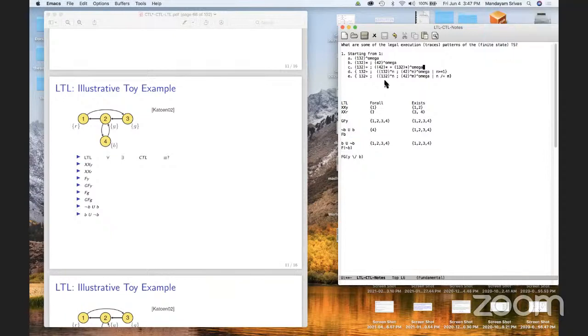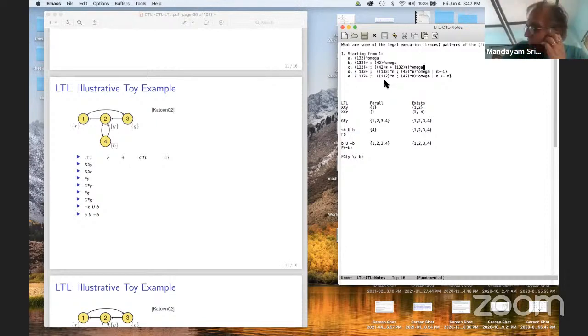Sir, I have a question. Did we discuss the notion of acceptance for a transition system? No, I have not. I think I have not done it, but I'm giving this because one may ask the question, later on, we will see that these executions are only this kind.